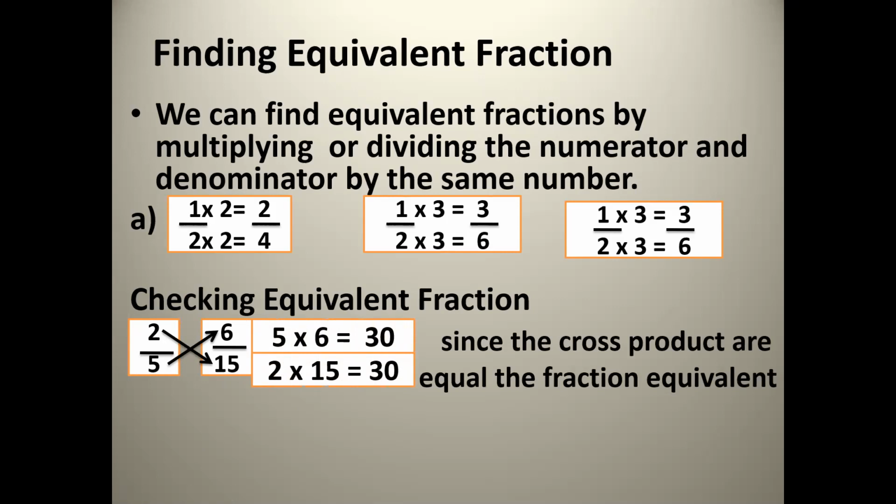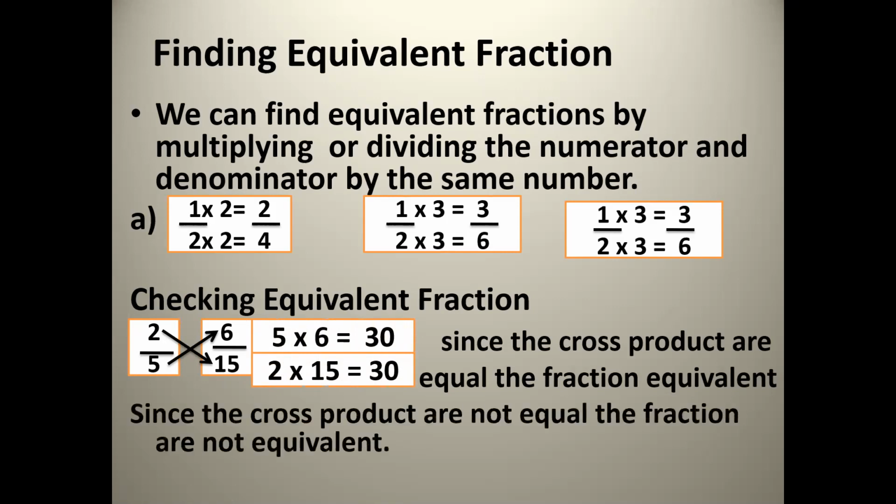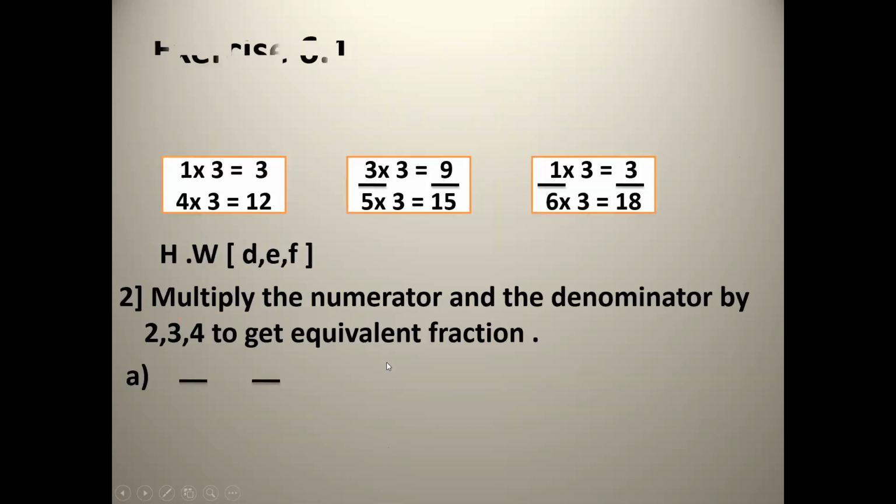Since the cross products are equal, the fractions are equivalent. Since the cross products are not equal, the fractions are not equivalent. That is, if you multiply and the products are not the same, it is not equivalent fraction.